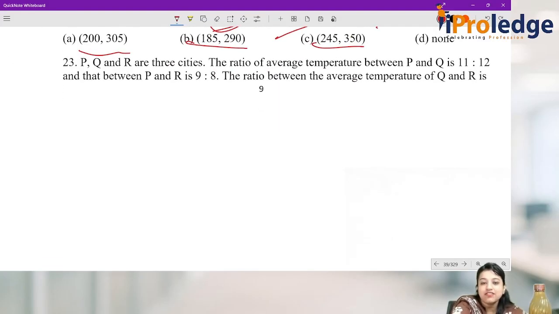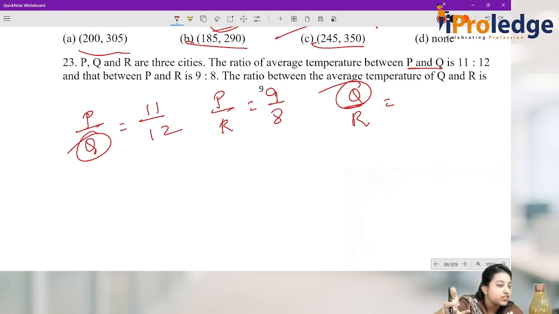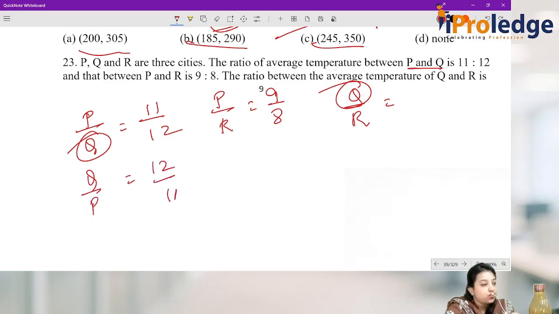Now the ratio of P by Q is given. What is the ratio of P by Q? It's the ratio of P by R. You have to find the ratio of Q to R. Who is in the numerator? Q. So just take the reciprocal or inverse, because Q should be in the numerator. Q by P equals 12 by 11.